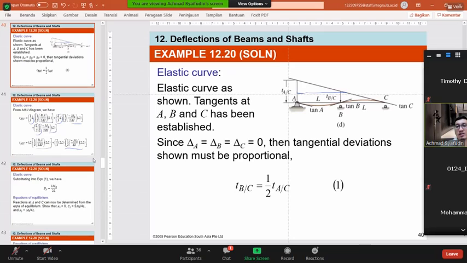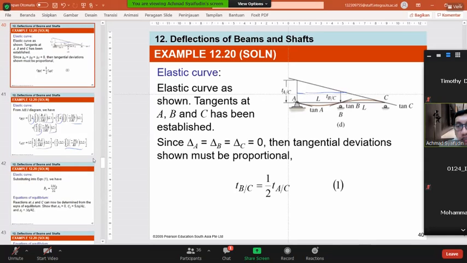Yeah, this is proportional if there is no support at point A and B. You can understand this formulation if you imagine that point A and B are without any support.